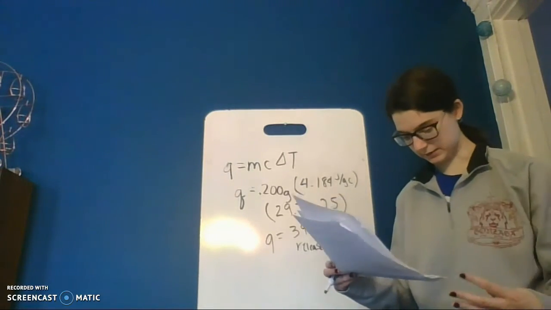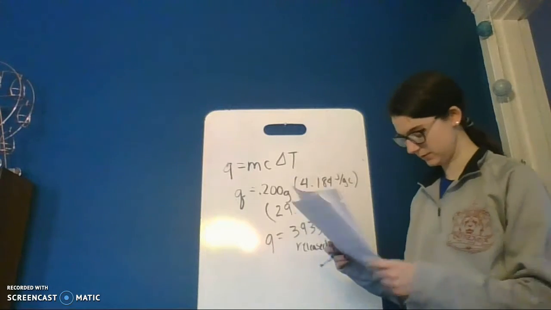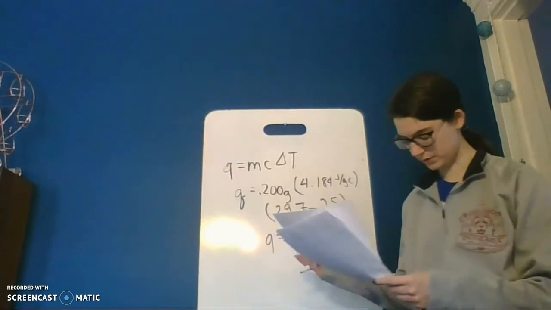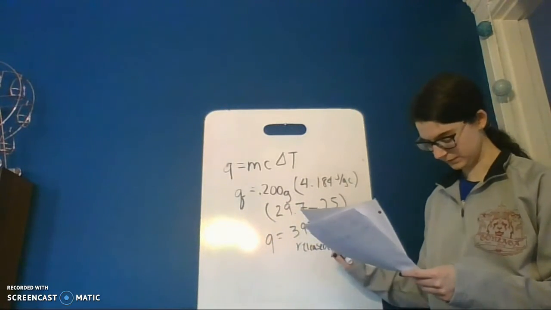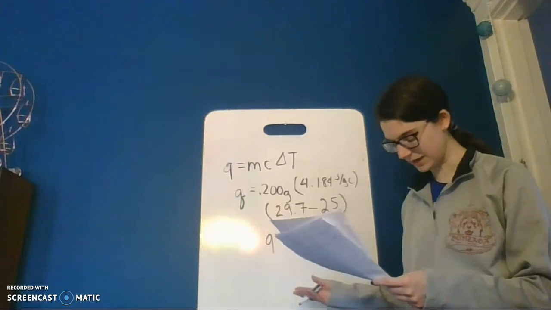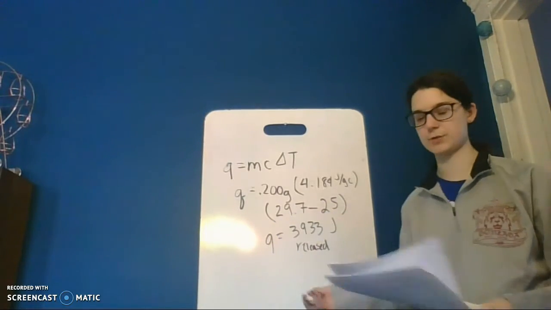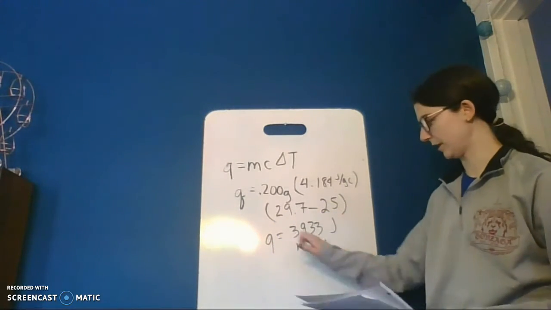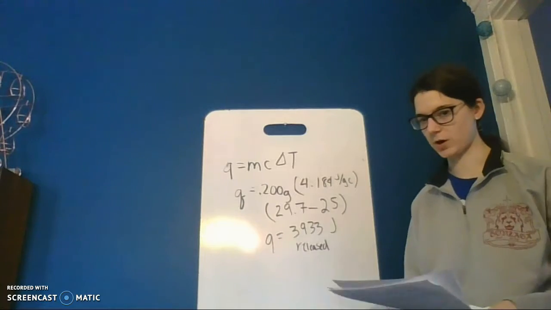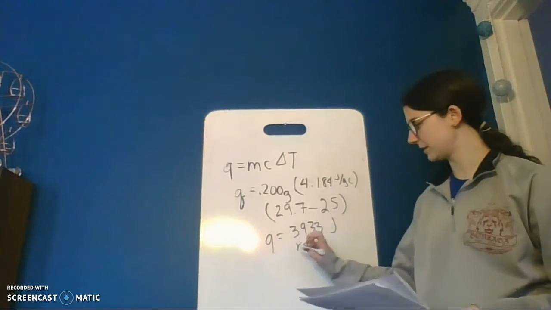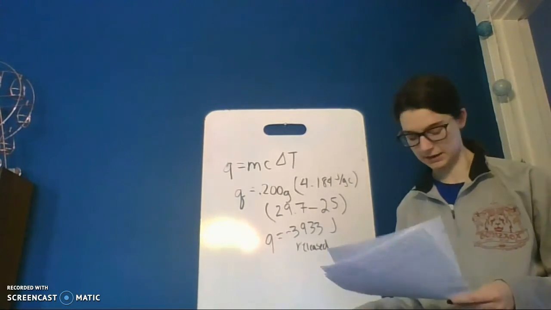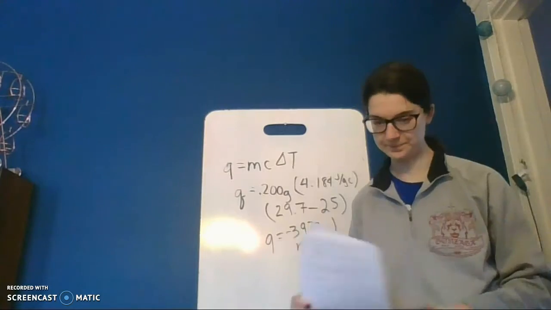So technically, you can think of Q as negative, or you can just say that this much was released, whereas this much positive was gained by the water. So you can say released or negative 3,933 joules. Okay, so that's part 3B.